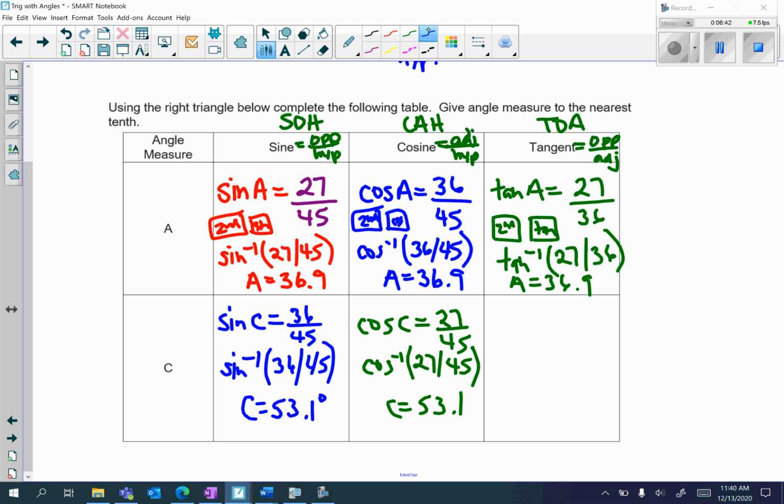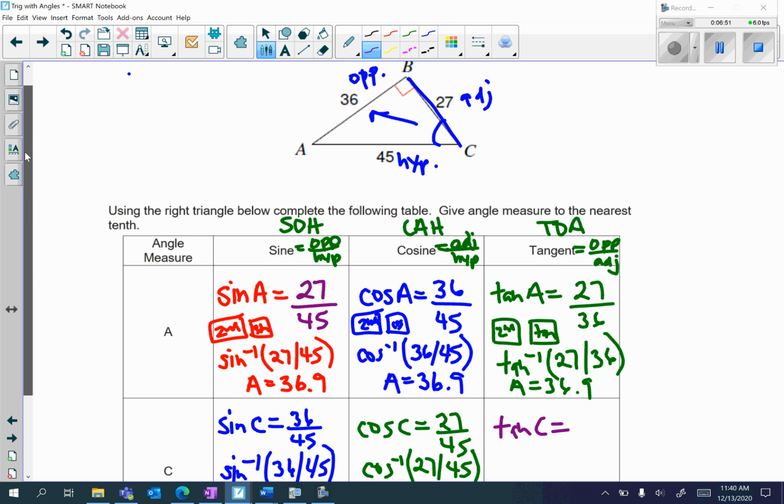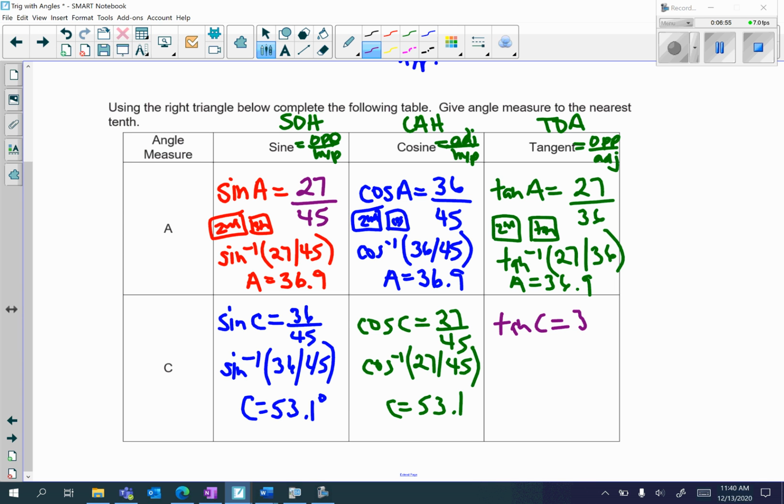And lastly, we are going to find tangent of C. Remember, tan is opposite over adjacent, so opposite is 36 over adjacent, which is 27. Don't forget to put second tan of 36 divided by 27.